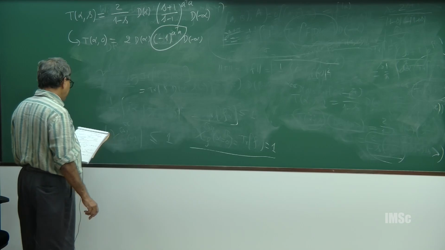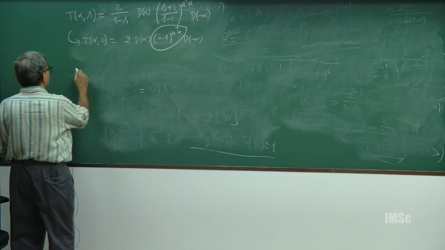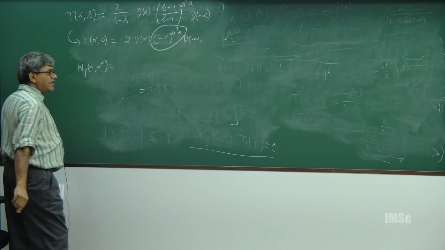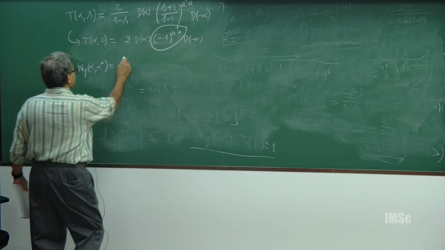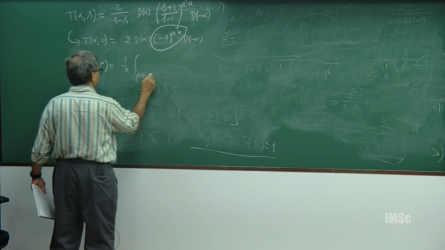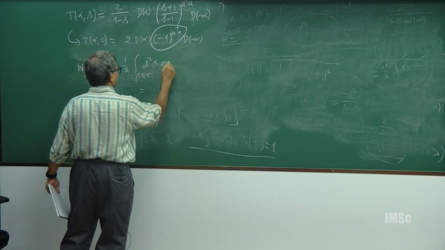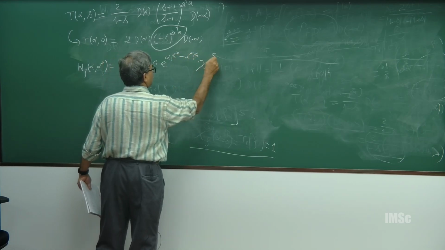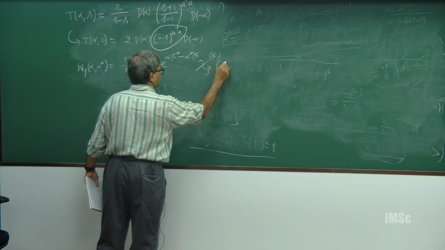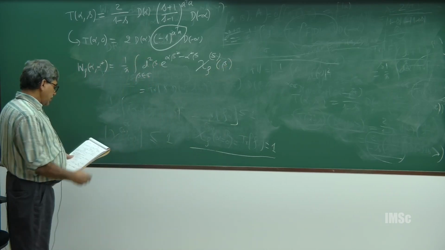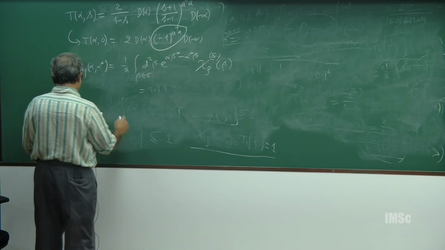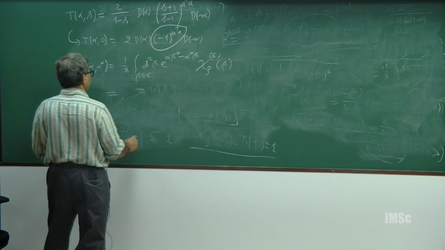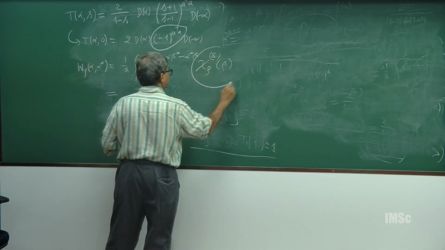So, now if I look at the Wigner distribution, which we defined as the Fourier transform of the characteristic function, what is this characteristic function?